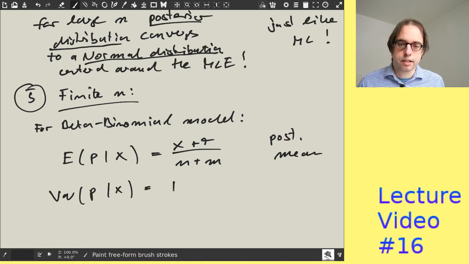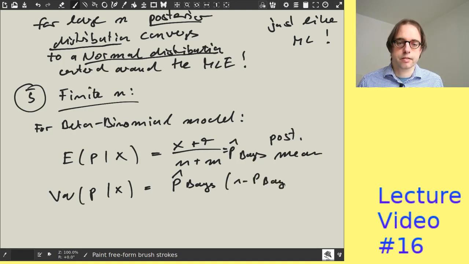And the posterior variance was p Bayes times 1 minus p Bayes, divided by n plus m minus 1.